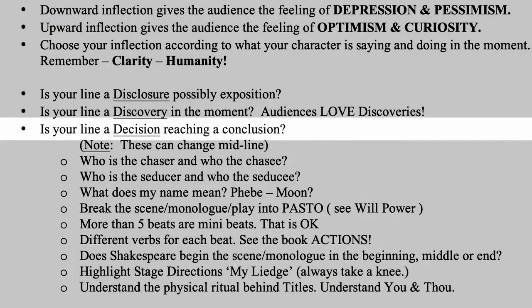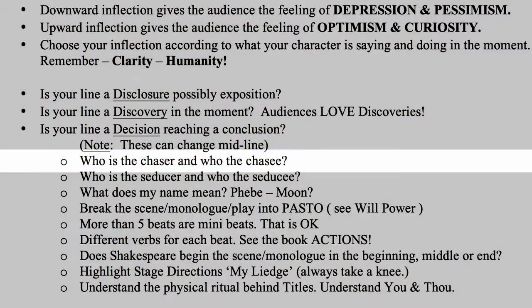Have you just found this out? You just made this up? Remember, we said descriptions are all disclosures. Is your line a decision? Have you reached a conclusion by adding up the points in the scene and or the speech? These things, disclosures, decisions, discoveries, can change in the middle of a line.